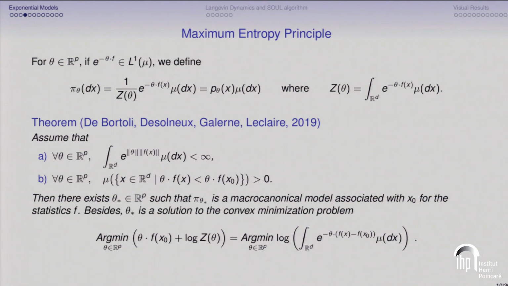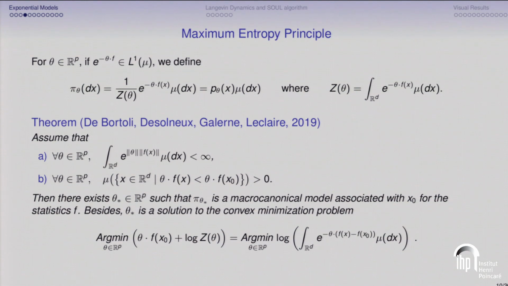There have been several of these in the literature. No, I'm not claiming that we have the most general one. We have written one with this set of hypotheses. In some sense, in a framework, you can show that if you maximize the entropy with a constraint in expectation of the statistics, and you write the Lagrangian formulation of this problem, then you obtain Lagrange multipliers theta that are actually the parameters of your texture model.